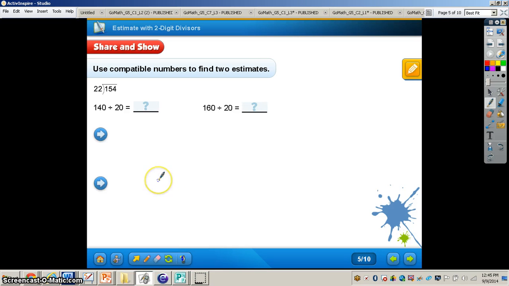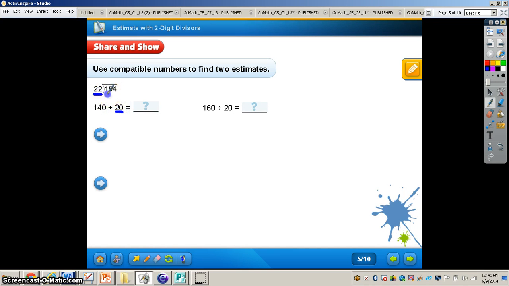Taking a look at the share and show section at the bottom of page 80, we have 154 divided by 22. We're going to use compatible numbers to find the two estimates. We want to round that divisor to the nearest 10, which gives us 20.